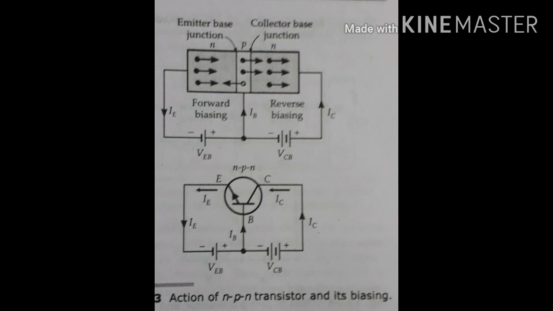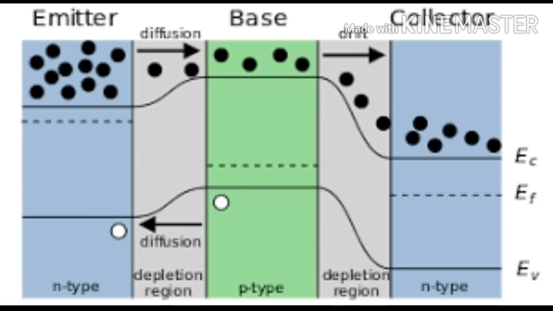The heavily doped emitter emits a great number of free electrons into the base, and this base region is lightly doped, so it contains less number of charge carriers, that is holes. So there will be recombination of holes with electrons, but the electrons will be more in number because the emitter is heavily doped than the base.